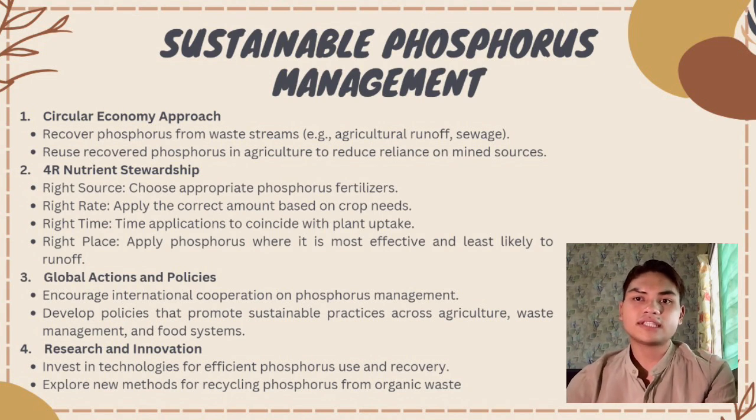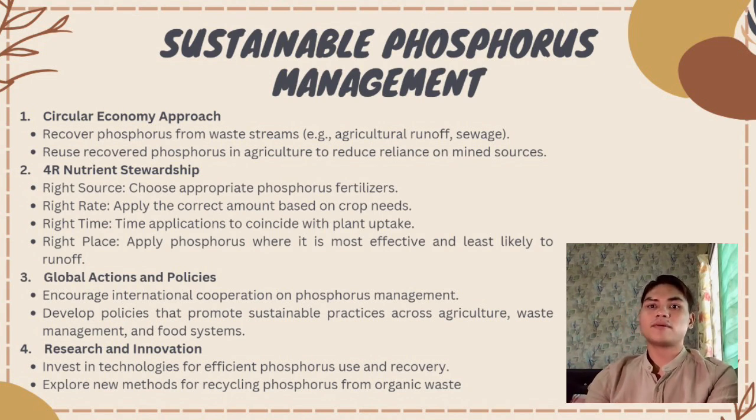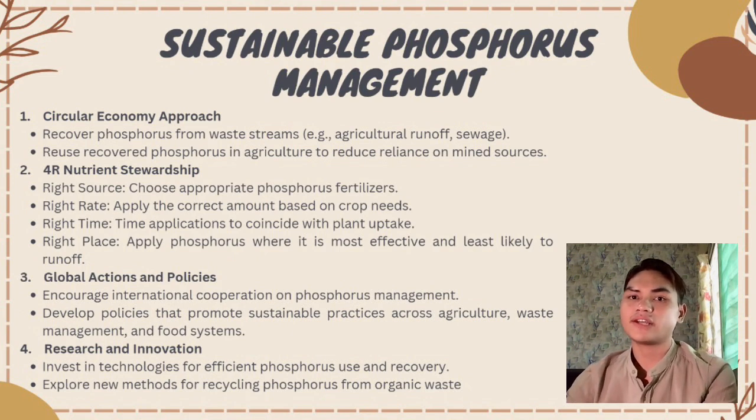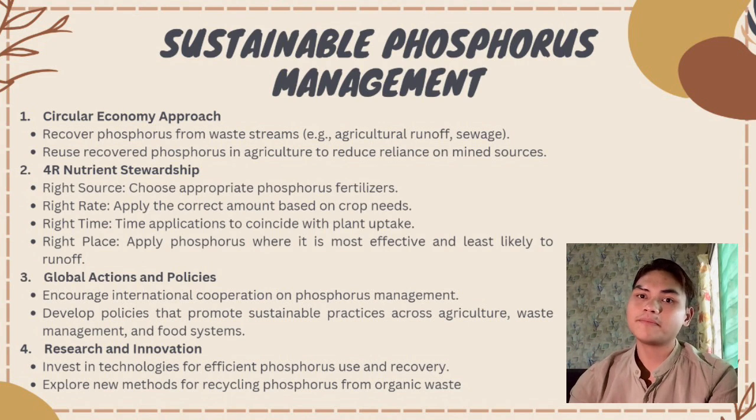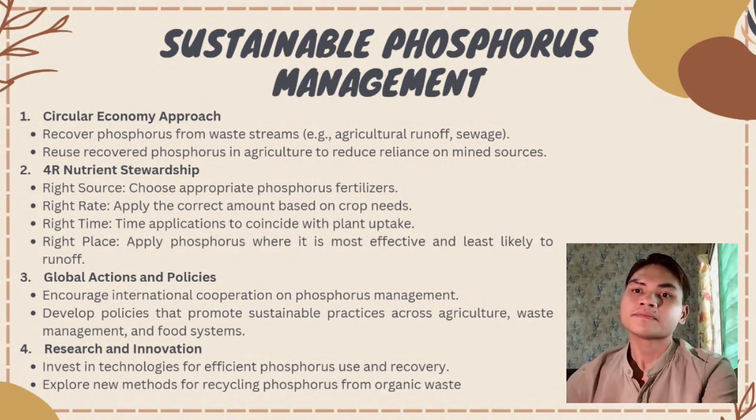Conducting regular soil tests helps determine existing phosphorus levels, allowing for precise application rates to avoid overuse. Timing applications to coincide with crop uptake periods ensures that phosphorus is available when plants need it most. Employing best management practices, such as banding fertilizer near the root zone, minimizes runoff.